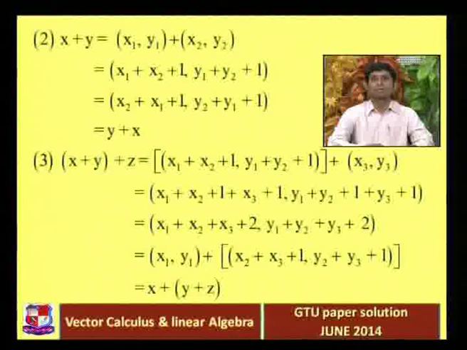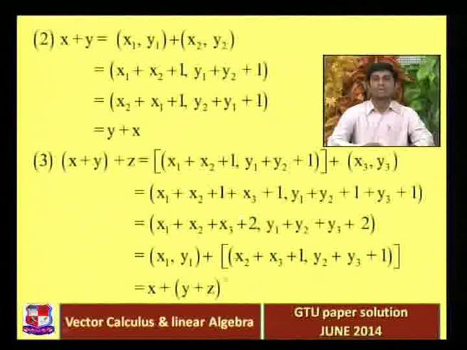So this is x1 plus x2 plus 1 plus x3 plus 1, and similarly y1 plus y2 plus 1 plus y3 plus 1. That gives (x1 plus x2 plus x3 plus 2, y1 plus y2 plus y3 plus 2). Now this is (x1, y1) plus (x2 plus x3 plus 1, y2 plus y3 plus 1), which is x plus (y plus z). So (x plus y) plus z is equal to x plus (y plus z).